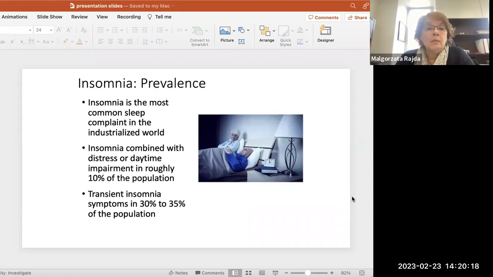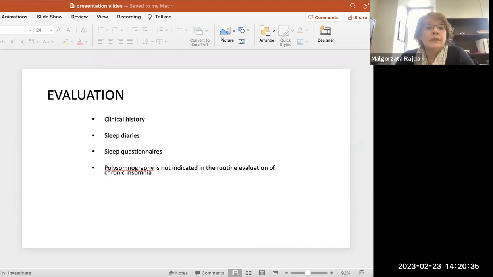It is very common, with an estimated 10% of the general population suffering from insomnia, and at least 30% of the general population will have some sort of sleep issues at any point in their life. We evaluate those patients by taking history.